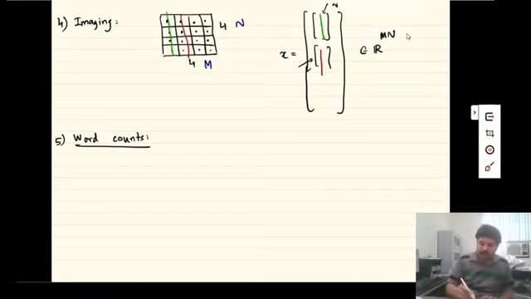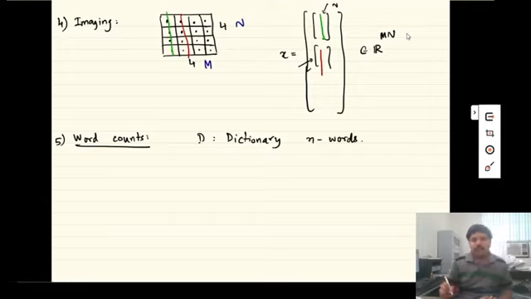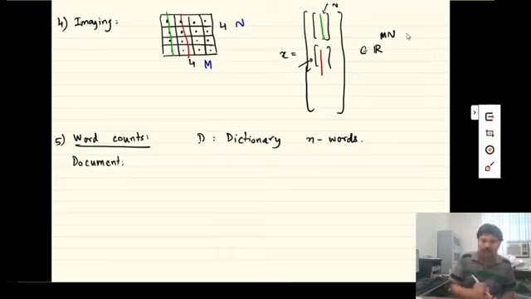Suppose I have a dictionary D, and that dictionary D has n words. I am looking at a document, which has certain text written in it.